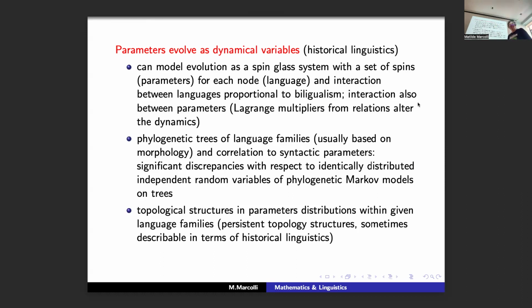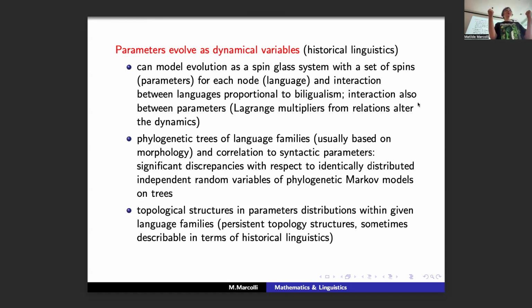For example, one knows that change in language often comes from interactions between languages. So one type of somewhat rough basic model that one can build about how syntactic parameters behave is to think of them as some kind of spin glass system, where each language is a node and has its own set of spins that are the positions of the various parameters.